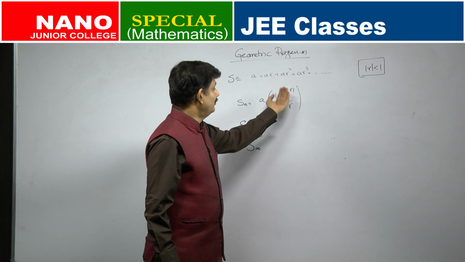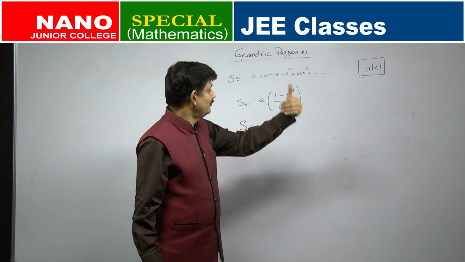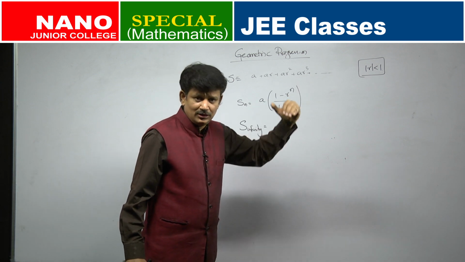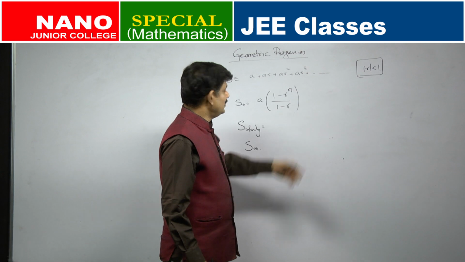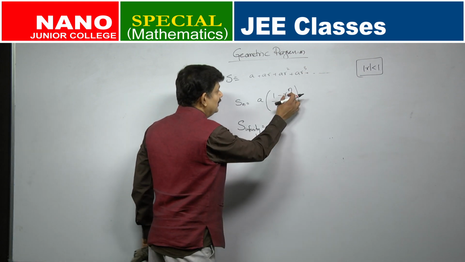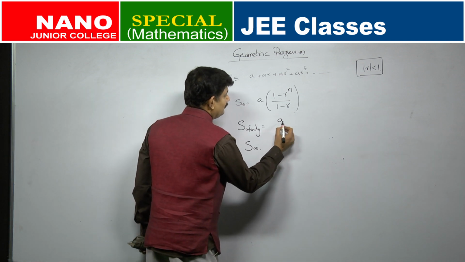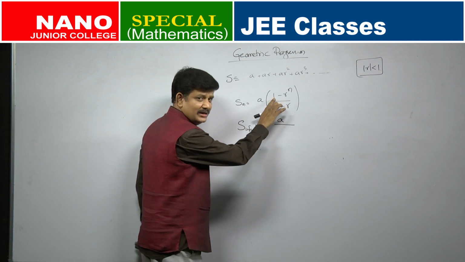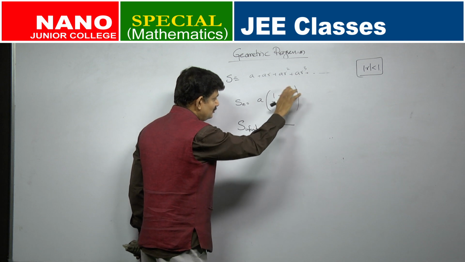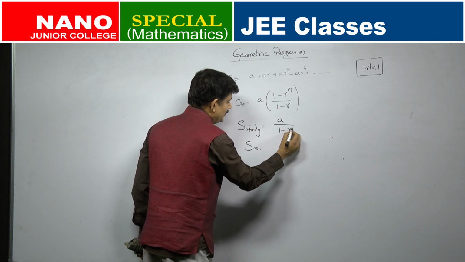We have seen 1 by 3, when you increase the power, 1 by 3 square, 1 by 9 is further small, cube it further small. So, when you raise it to infinitely large power, this will vanish, this will become how much? 0. So, what will you be left with? A, only 1 in the numerator, this becomes 0, divided by 1 minus r.